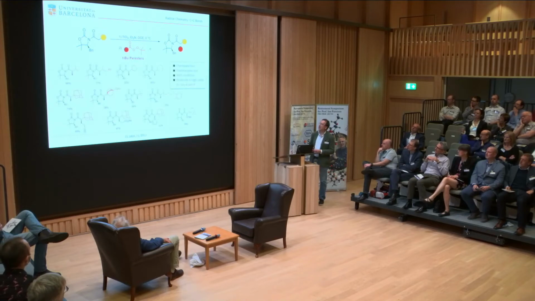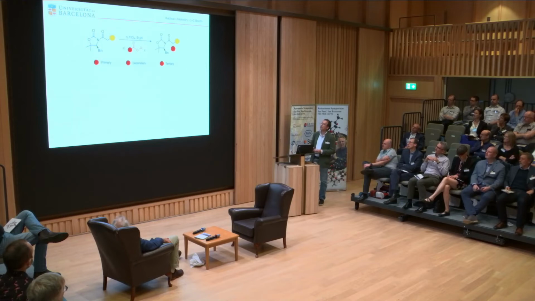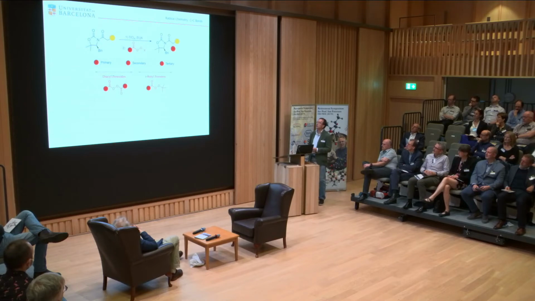And then she was able to introduce secondary and tertiary groups with excellent results, as you can see. So, more or less, the summary of this part is you can introduce primary, secondary, or tertiary groups. It doesn't matter. For primary and secondary, you have to use diacyl peroxides, and for secondary and tertiary, you have to use tert-butyl peresters. But it's good, it works, no?